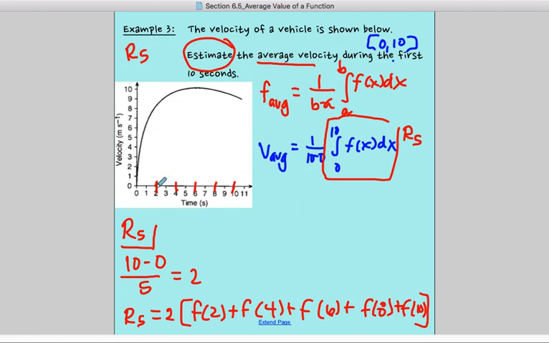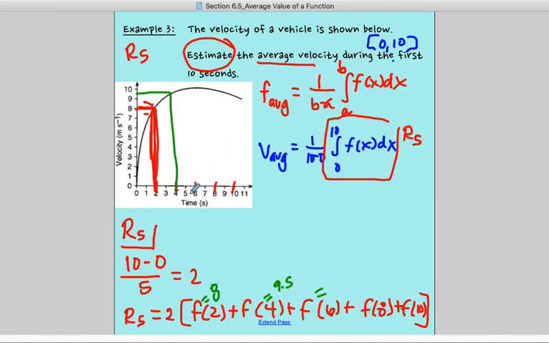So f of 2, take it up to the curve. It's kind of hard for me to draw accurately. When I did it on my paper, I got that this was around maybe 8 or 8.5. Let's go with 8. F of 4 looks like 9.5 to me. It's an estimate, so I might be off a little bit. If you're getting something different, that's okay.